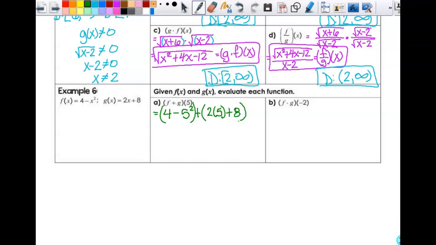Right. So then this gives me 4 minus 25 plus 10 plus 8. So 10 plus 8 is 18 plus 4 is 22 minus 25. I get negative 3. F plus G of 5.